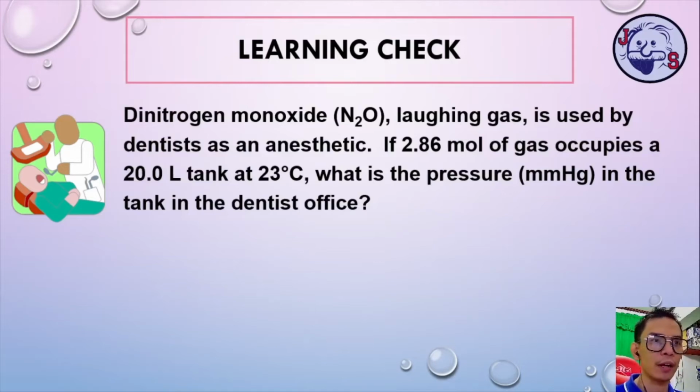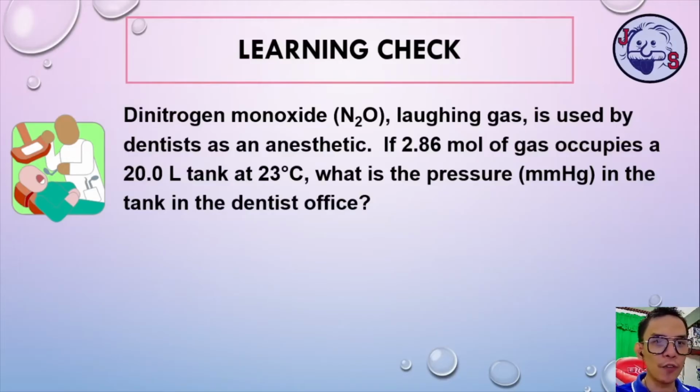Let me read the problem. Dinitrogen monoxide, or N2O, also known as laughing gas, is used by dentists as an anesthetic. If 2.86 mole of gas occupies a 2.0 liter tank at 23 degrees Celsius, what is the pressure in the tank in the dentist office? That's the question.